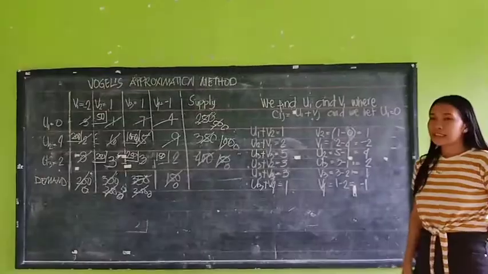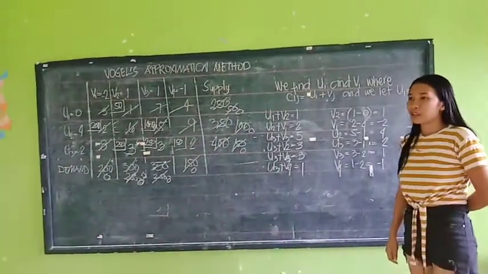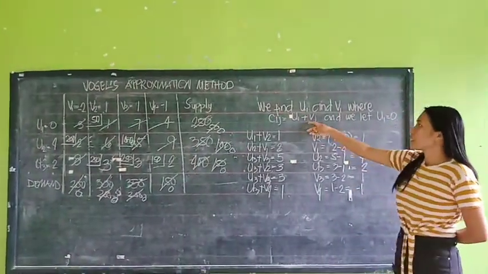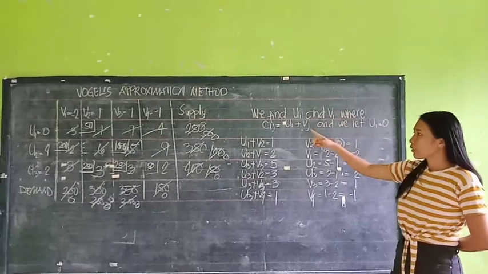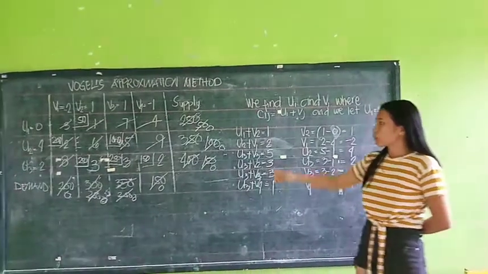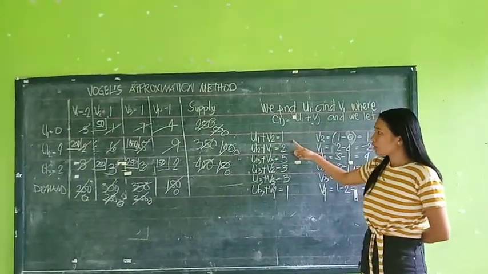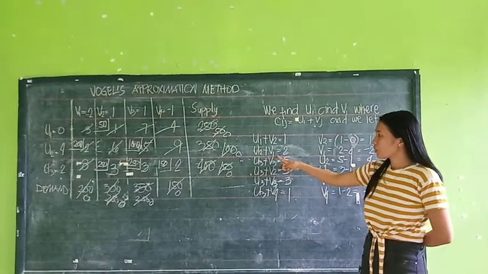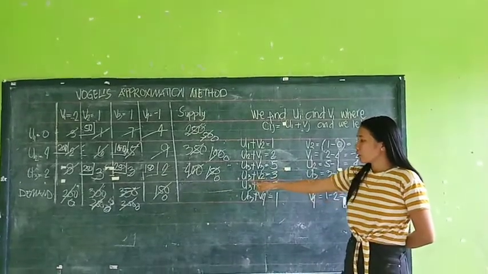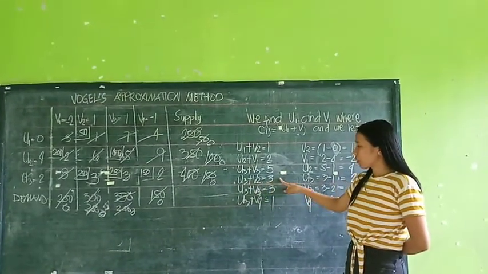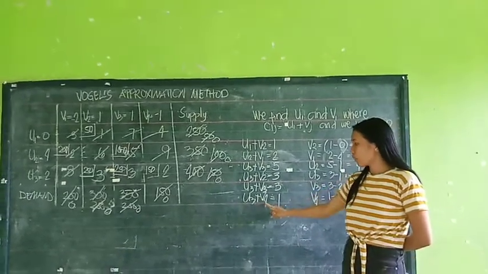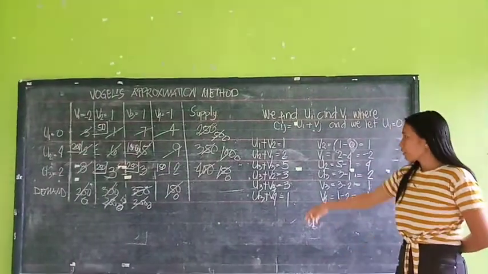Now that we have the row difference and the column difference, we find the Ui and Vj, where Cij equals Ui plus Vj, where we let U1 equal 0. So U1 plus V2 equals 1, U2 plus V1 equals 2, and U2 plus V3 equals 5. U3 plus V2 equals 3, U3 plus V3 equals 3, and U3 plus V4 equals 1.